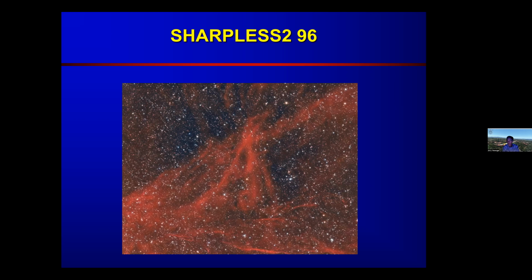And many of the most famous narrow band images, like the Rosette, are also Sharpless objects. So if you have the list of them, you're going to hit pretty much every notable narrow band object. So anyway, this is one target that you can go after.